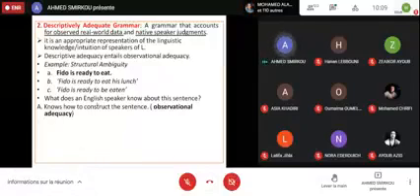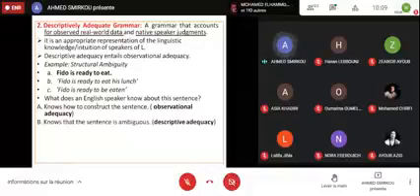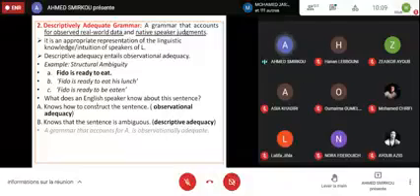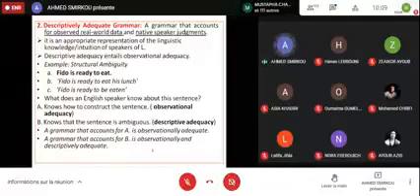And if the grammar is concerned with whether the speaker knows the sentence is ambiguous, then we're talking about descriptive adequacy. So a grammar that accounts for A is observationally adequate, and a grammar that accounts for B is observationally and descriptively adequate. Remember, please, we cannot move to descriptively adequate grammar if we don't satisfy observational adequacy.